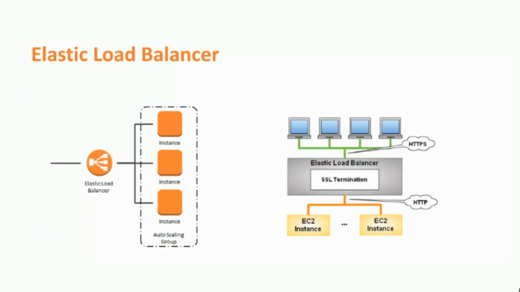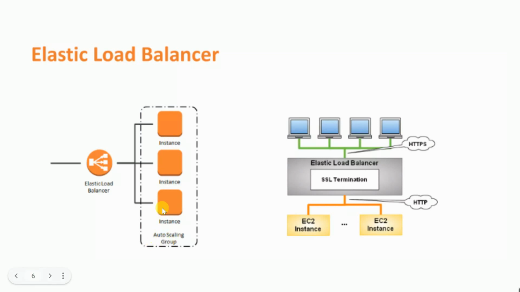Here is the diagram which shows how it works. If you talk about the elastic load balancer, an end user is trying to access the elastic load balancer URL, and it distributes the traffic across multiple instances. Also here you can see it is part of auto scaling.